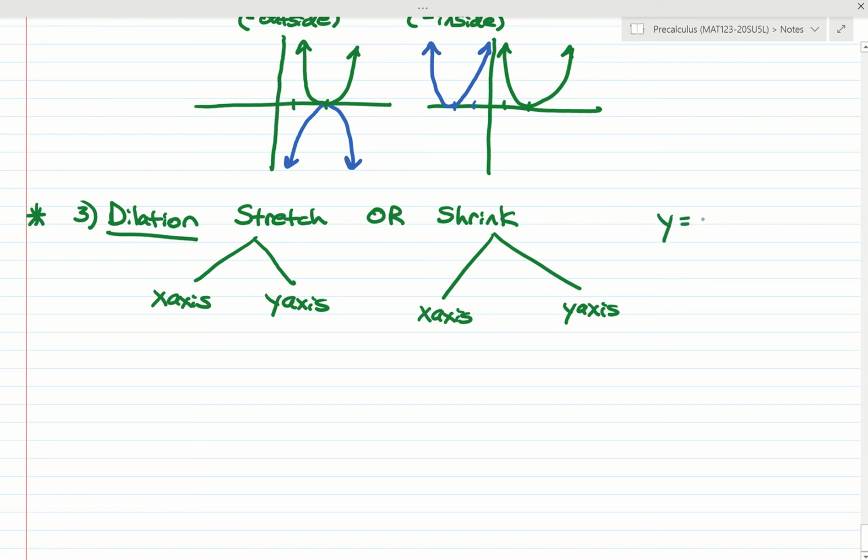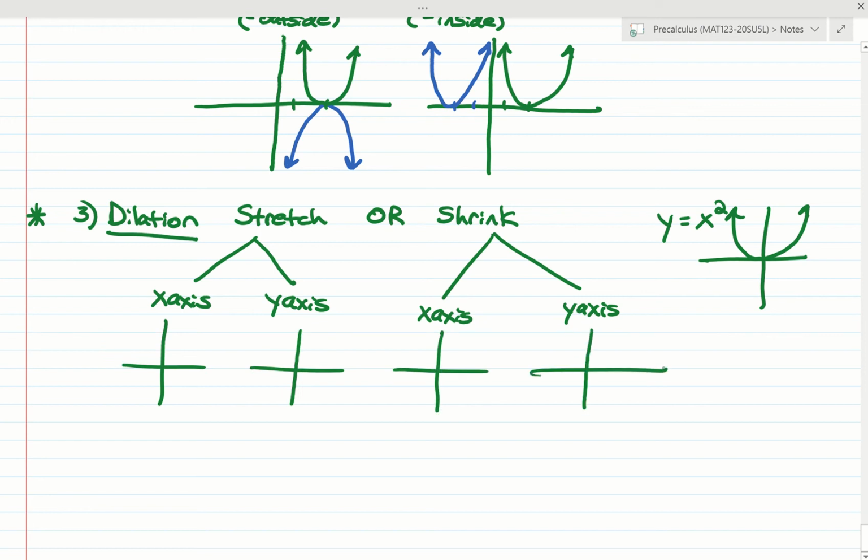So if we had the graph y is equal to x squared, it generally looks like this. Let me show you what a stretch and a shrink would look like over each axis. Now the x-axis goes this way, right?